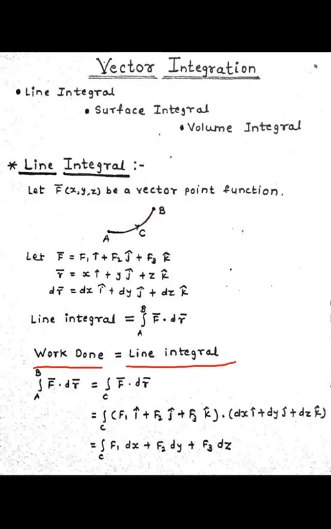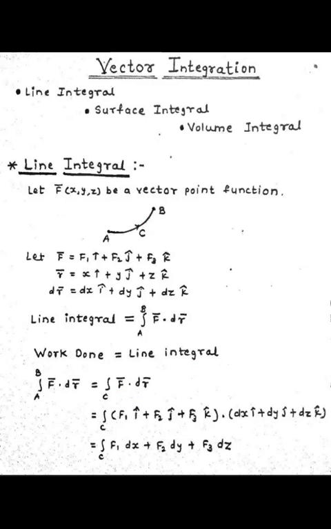So the application of line integral is to calculate the work done along the curve C. Here dr bar is considered as the displacement. Work done is calculated as force into displacement, where force is F bar and displacement is dr bar.